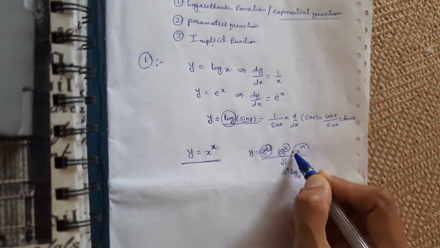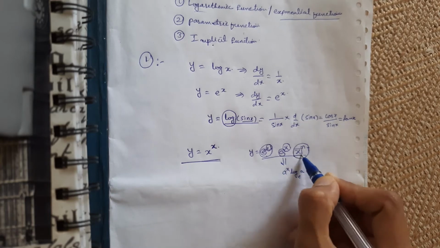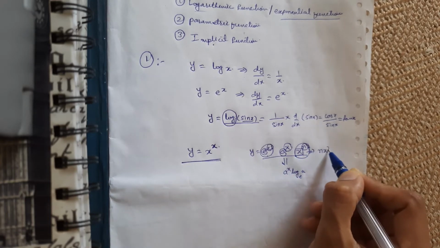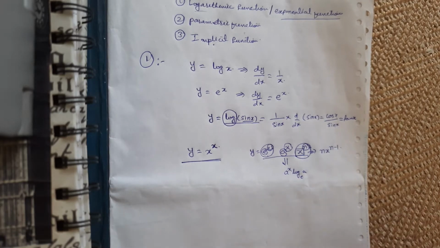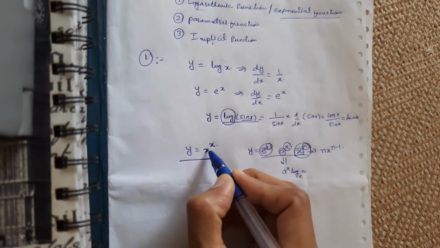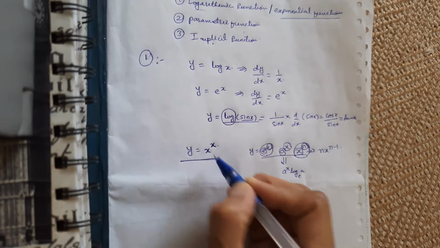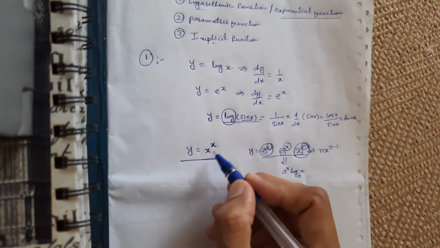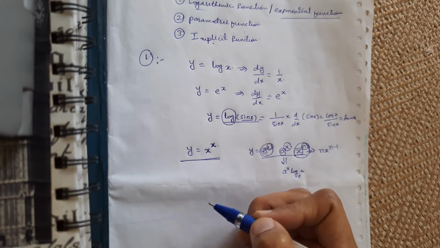In the case of x to the power n, the base is variable and the power is constant, so its derivative is n x to the power n minus 1. But now in this case the base and the power are both variables, so it is very difficult to find the derivative of such a function.